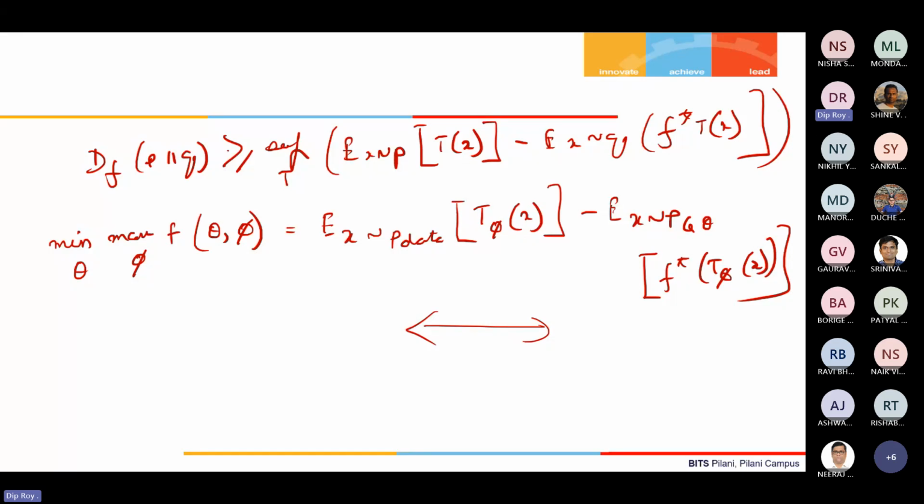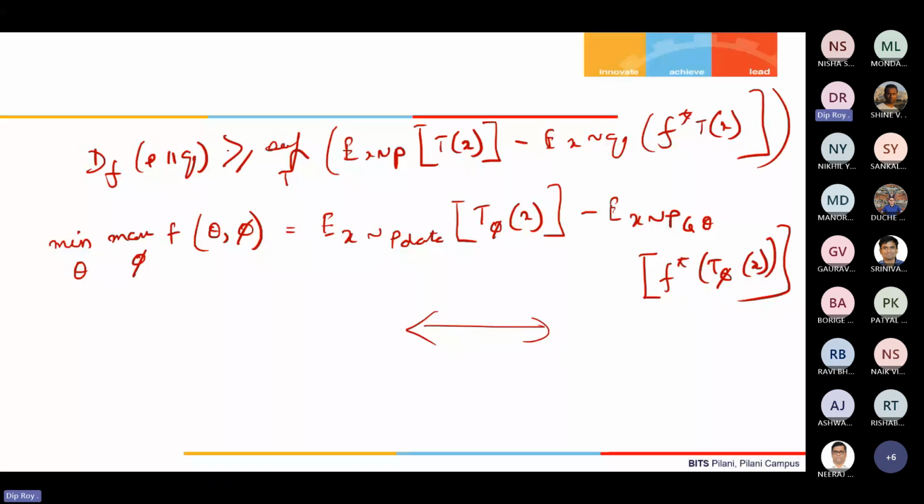And now this is a simpler problem to solve. And the way in which we are going to solve it is again by using the f divergence algorithm, which will essentially involve the minimization and the maximization.